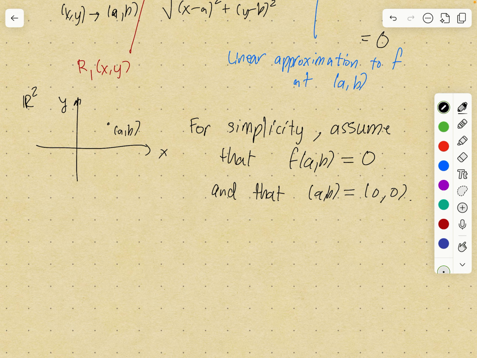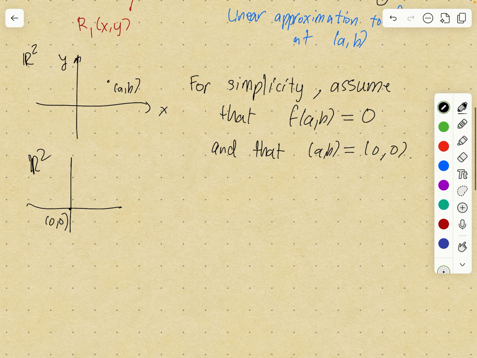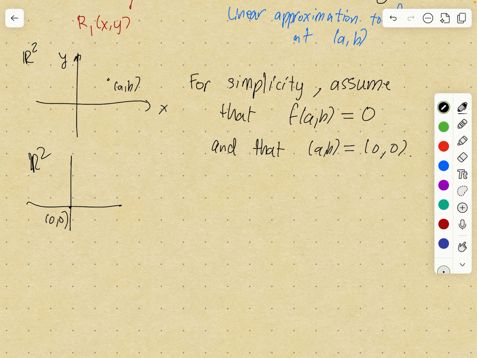So what we have is R2, and you have a function that's differentiable at 0, 0, and the value of the function at 0, 0 is equal to 0, and you want to know the directional derivative of the function in the direction of the unit vector, say xy.